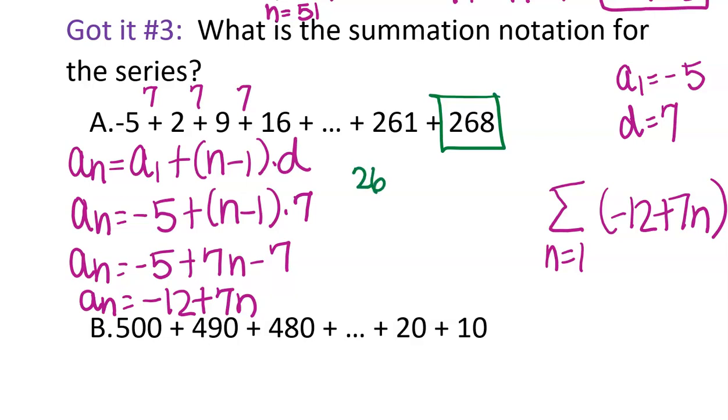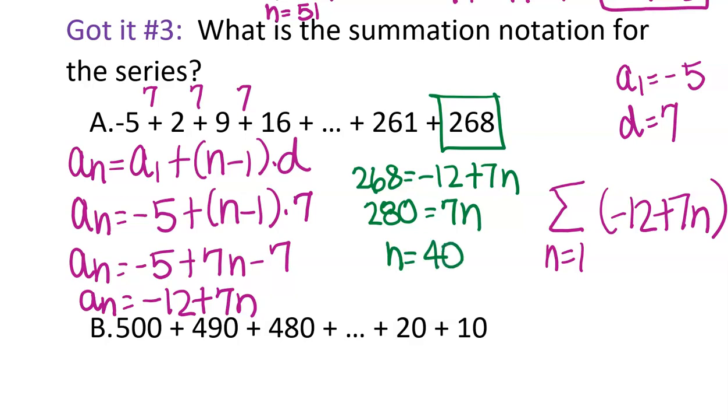So 268 equals -12 plus 7n. You could really just plug it in and use the last one. We're going to add 12 to both sides, which gives me 280. And then we're going to divide by 7. So the number of terms that we have is 40.